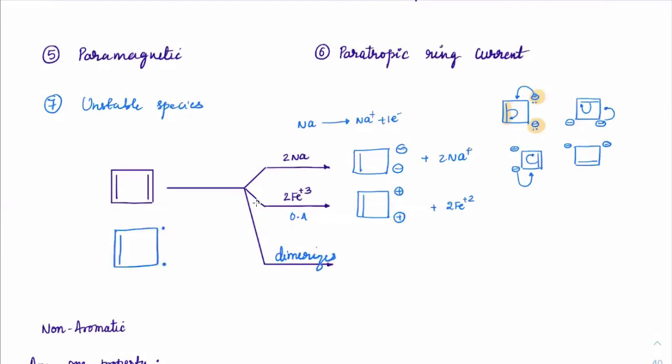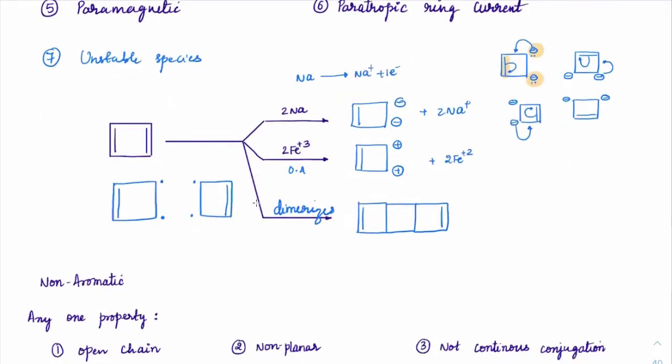And imagine there is one more molecule like this, which is approaching from the other end with 2 radicals. What do diradicals do, beta? They will immediately close into a sigma bond. So we will have a bond like this. This type of molecule is formed. So it will dimerize. A bond is formed here, one bond is formed here.